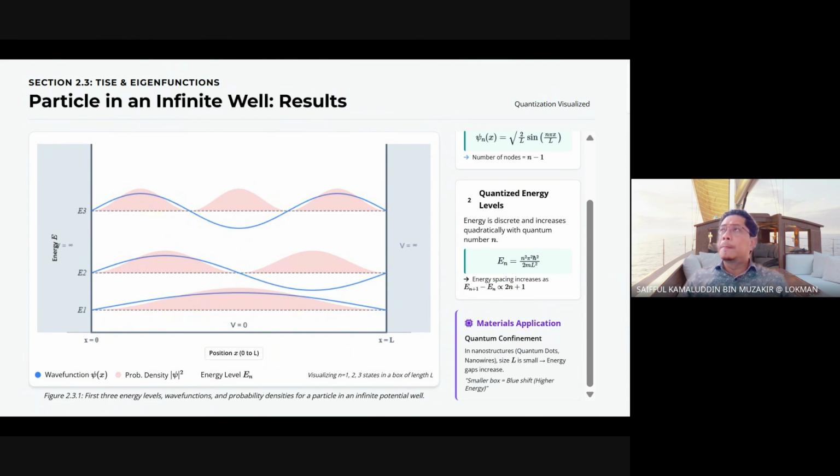Now, if you ever heard the term nanosheet, what does it mean? A nanosheet is when we scale down, we make the bulk material size become smaller. Let's say we scale down the y-axis.